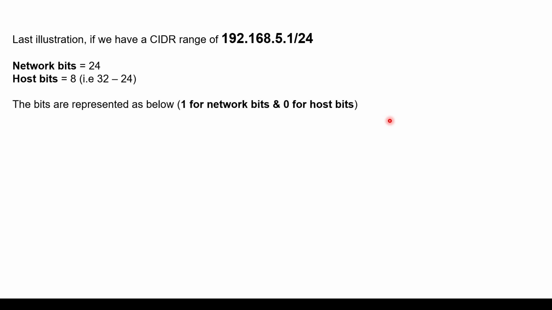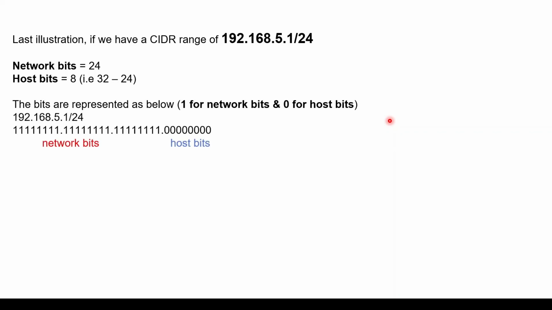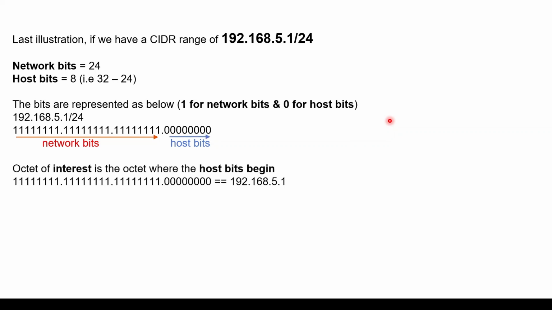The network bits are represented by ones, and the host bits are represented by zeros. So these are the network bits, and these are the host bits. Now, the octet of interest that I mentioned earlier is the octet where the host bits begin, the rightmost octet, which is at index 0 or position 0, as the case may be.